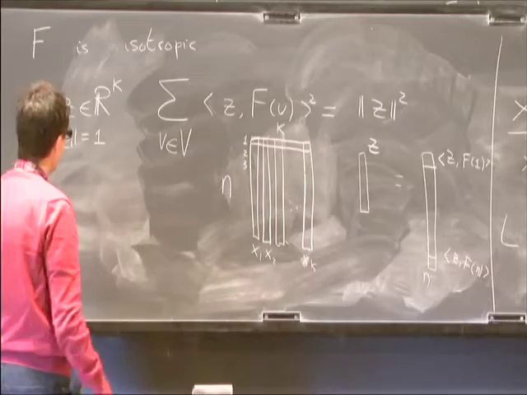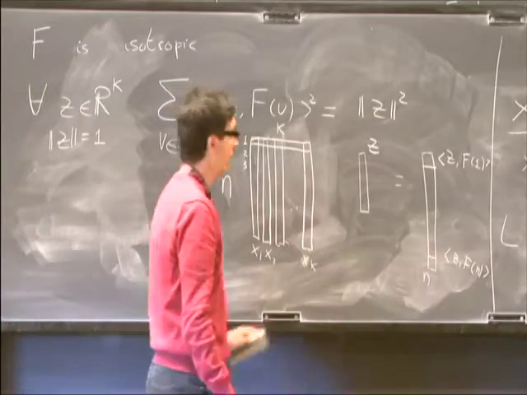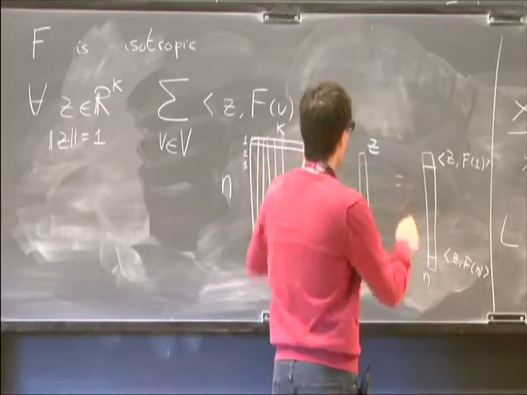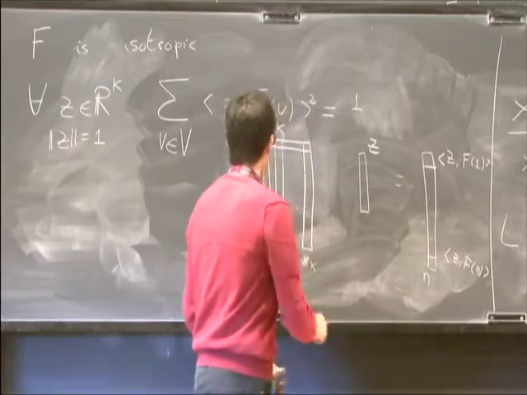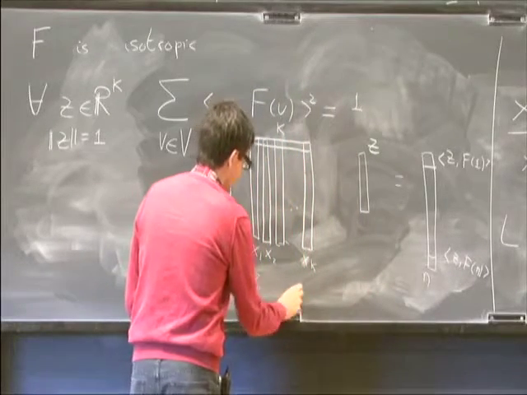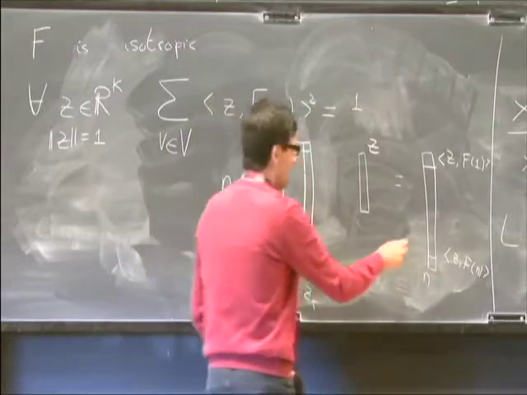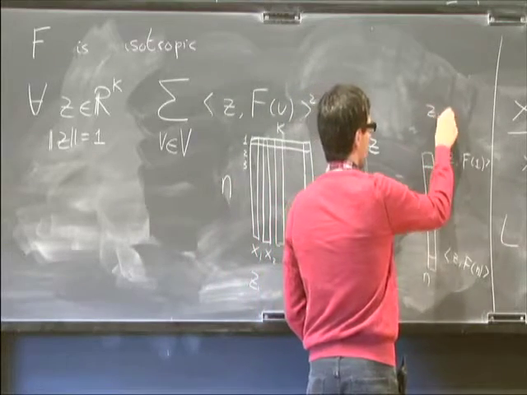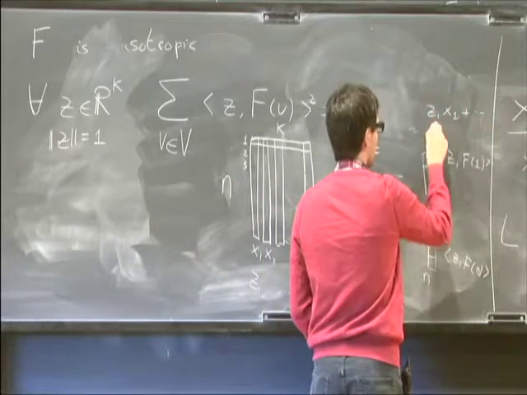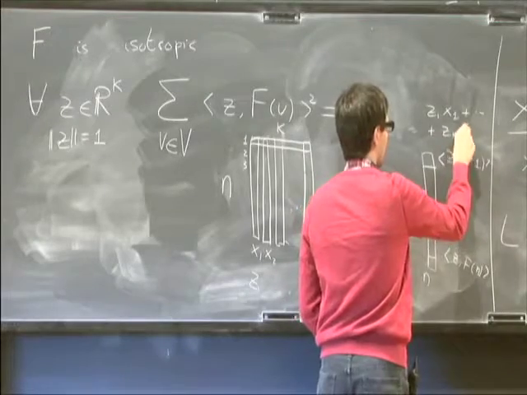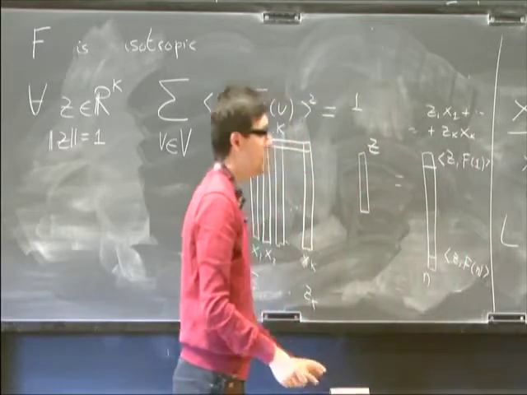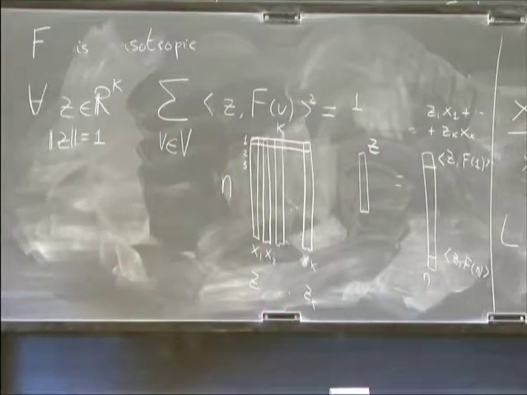If you look at this vector as z1 through zk, then we are taking a linear combination, z1 x1 plus z2 x2 plus up to zk xk. So its norm square will be z1 square plus up to zk square.